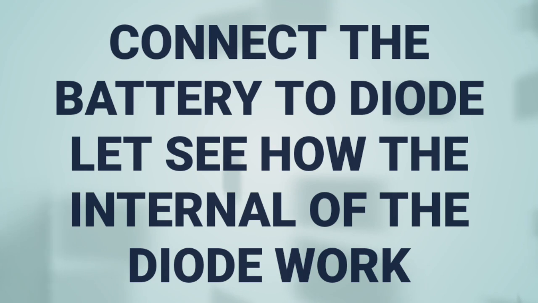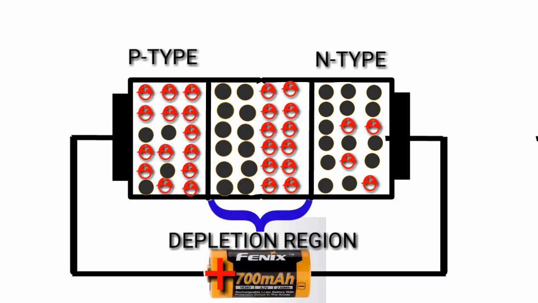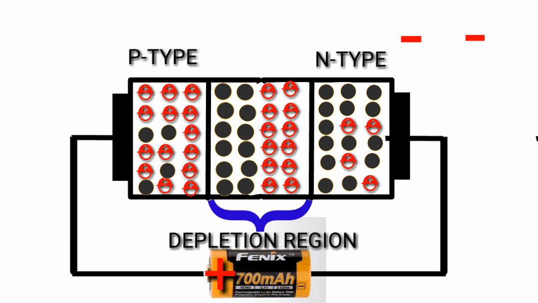Now, let's see what happens to the diode when the battery is connected. Take note, guys: positive to positive repel each other, and negative to negative also repel each other.